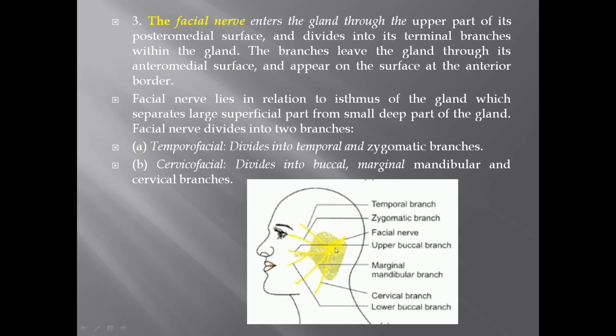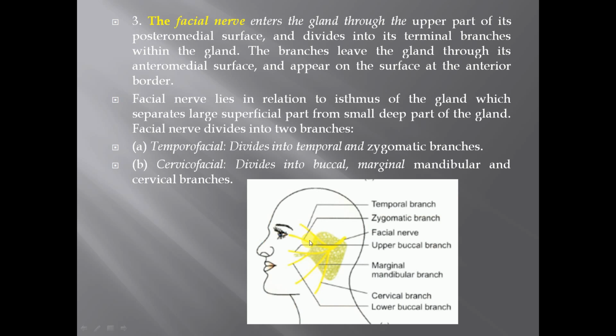See, the facial nerve enters through the posteromedial surface, then it gets divided into the terminal branches, and the terminal branches leave the gland through the anteromedial surface.